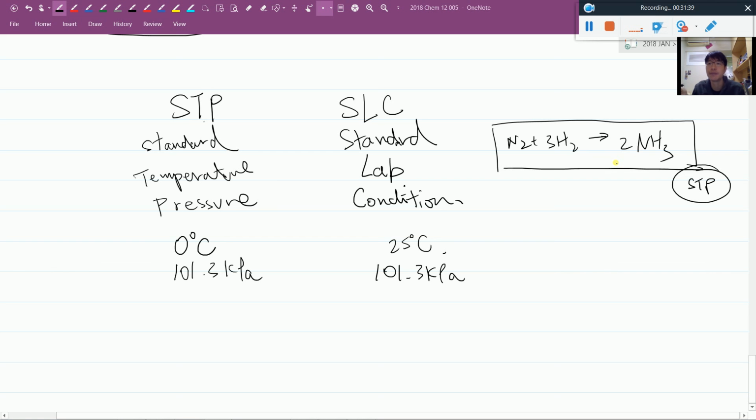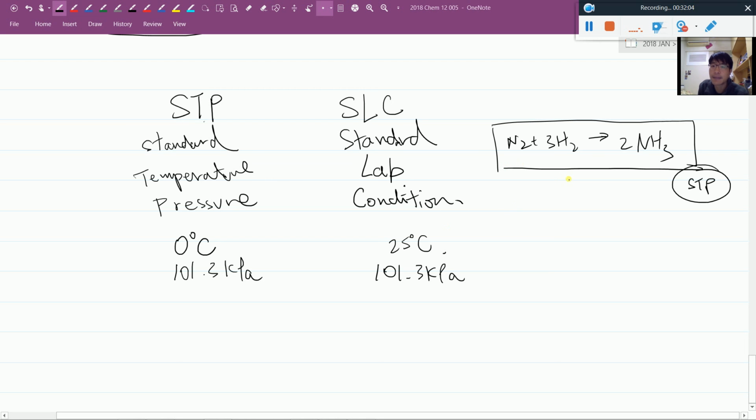Do you need to measure pressure again? You don't, because when I say at STP, we all understand it's 0 degrees and 101.3 kPa, and we save lots of time by doing that. Otherwise every single time we do a reaction, we need to measure temperature and pressure. If we just say at STP or at SLC, we skip all the writing straight away.